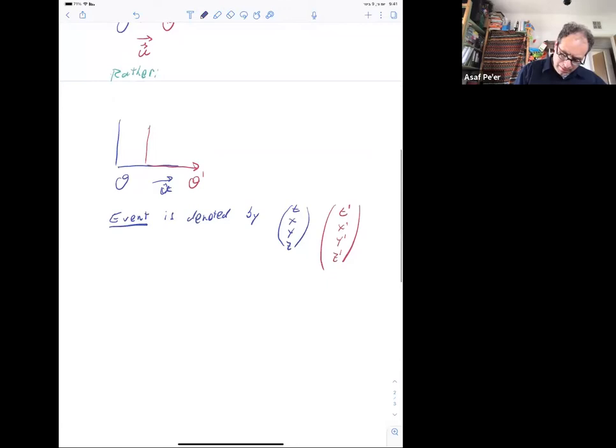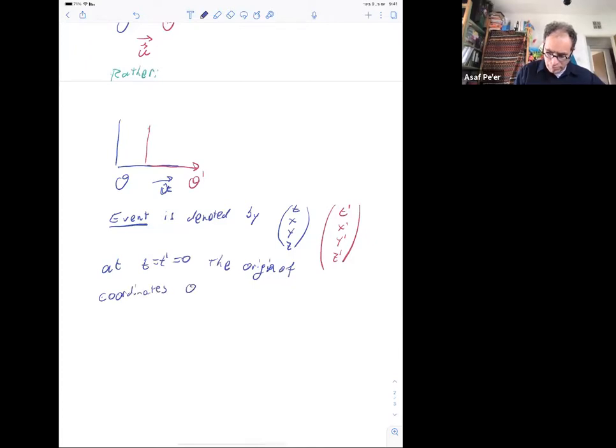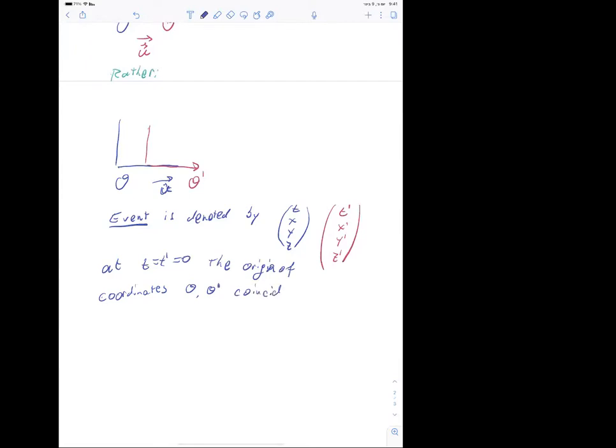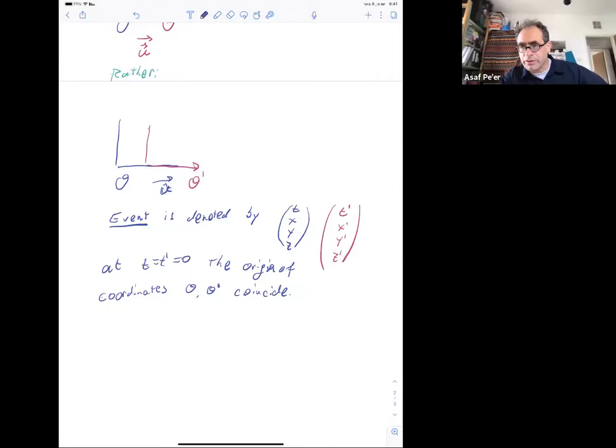So the origins of coordinates of O and O prime coincide. Otherwise, it's a simple translation of origin of coordinates, right?